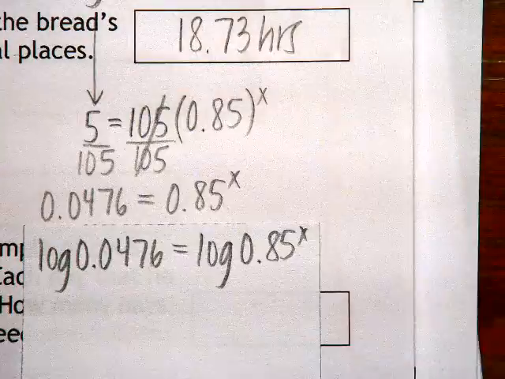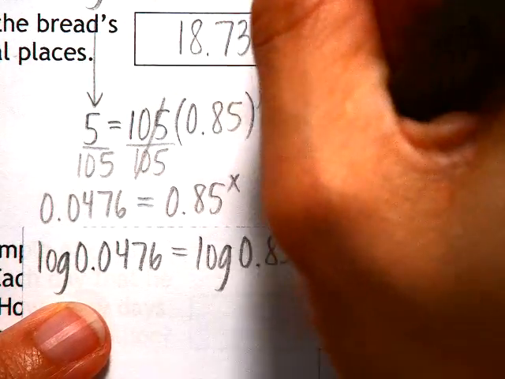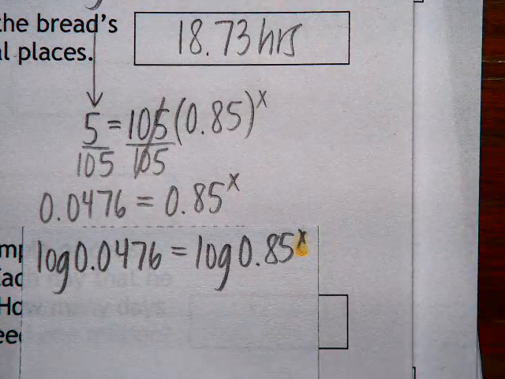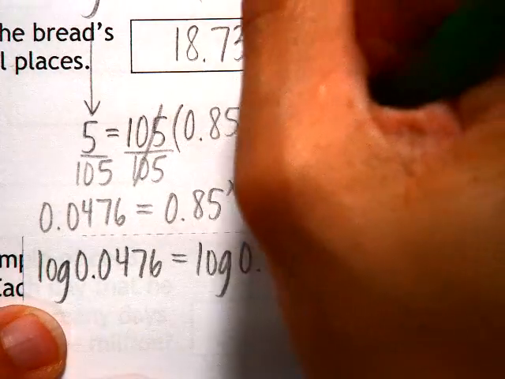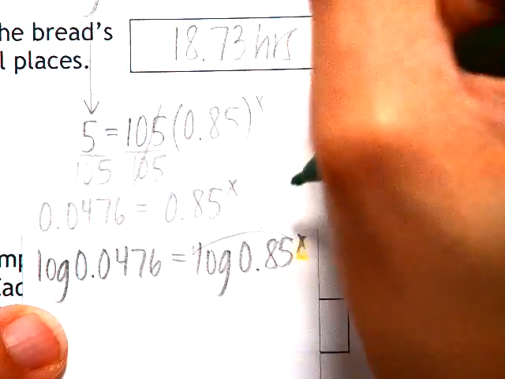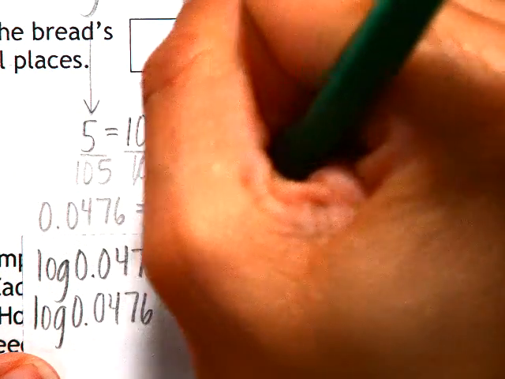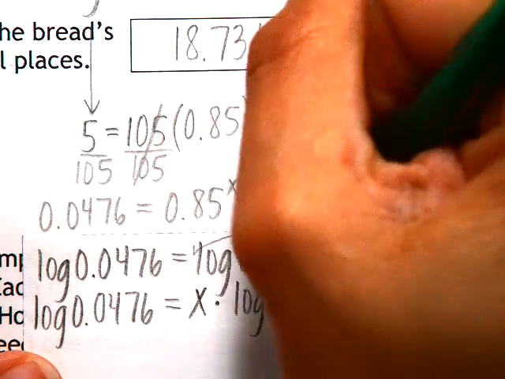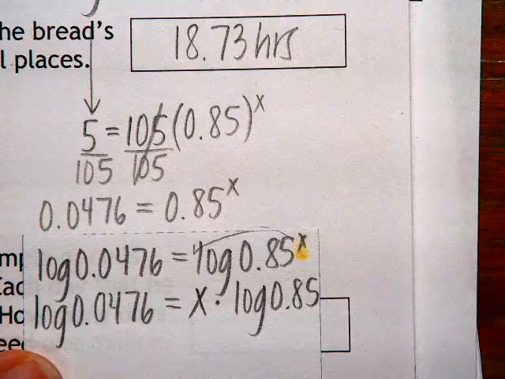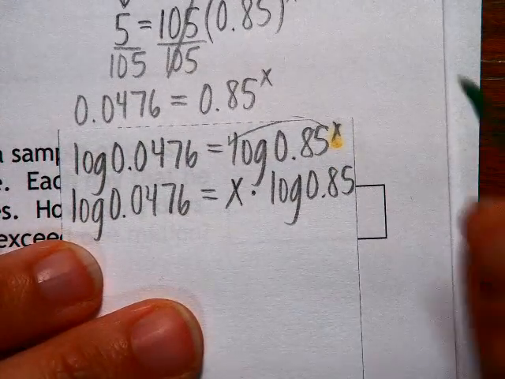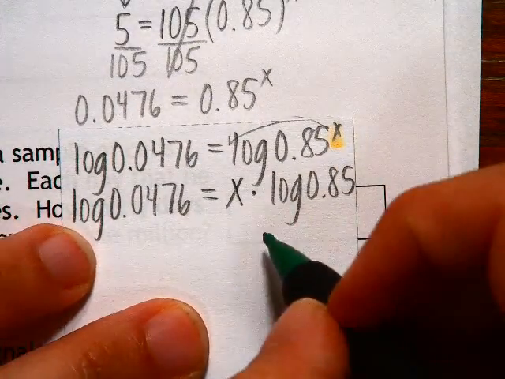It's so we can bring that x, currently a power, not very helpful as it's hanging up there like that, bring that x down to the front of the equation as a multiplier. So I have log 0.0476 remaining unchanged equals x times log 0.85, which again seems unremarkable till we realize, hey, this makes a problem that we can do.